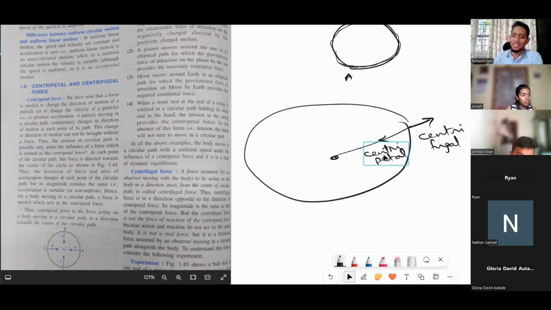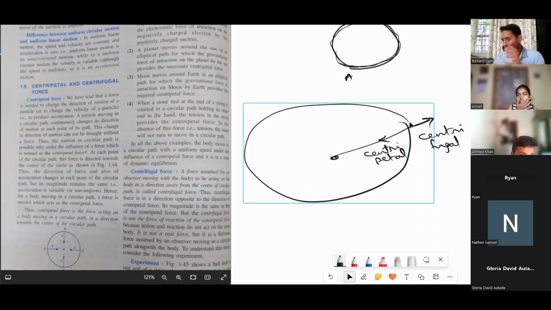Okay. Now, can you think of any other example of something moving like this in a circular direction? Okay, fan is there. But think of the earth revolving around the sun. What is the centripetal force between the earth and the sun?